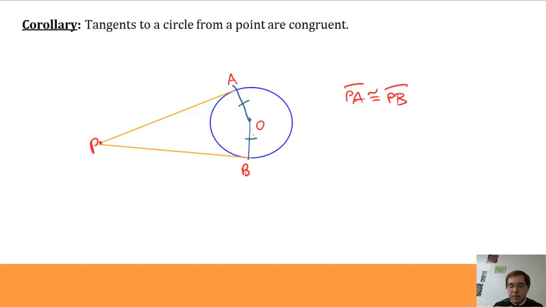So OA equals OB, and we could draw in the segment PO, which is equal to itself by the reflexive property. Now we know we've got two right angles, so what we end up having is a little hypotenuse leg action there. So PA must be congruent to PB. Tangents to a circle from the same point are congruent.